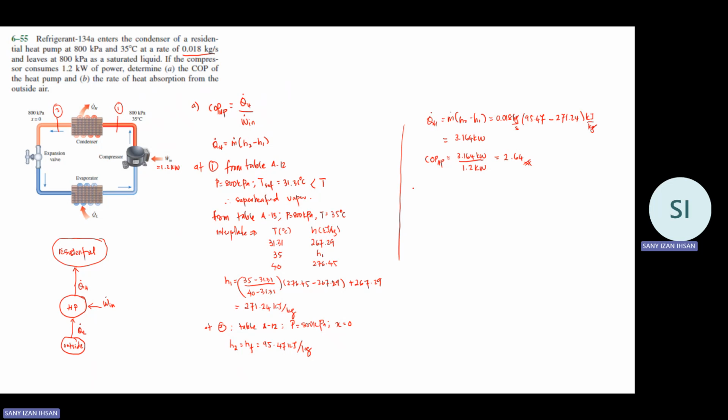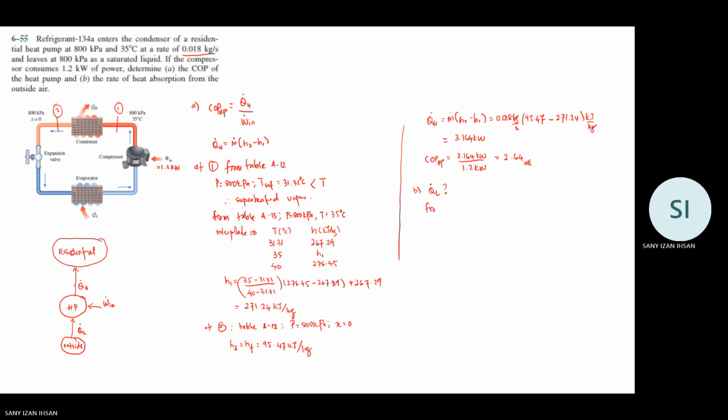Second part, for B, the rate of heat absorption from the outside air, which is Q dot L. From energy balance, we need to find Q dot L. That's basically the question: the amount of heat we extract from the outside.